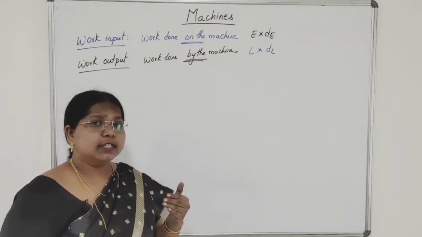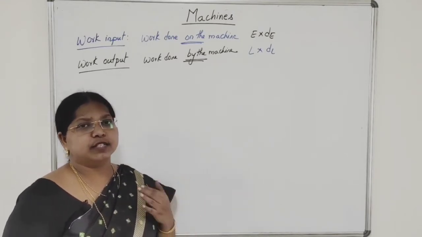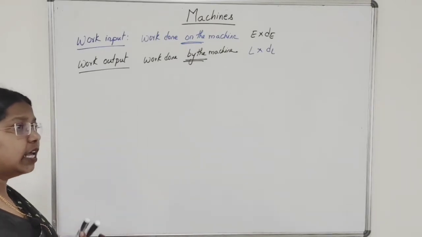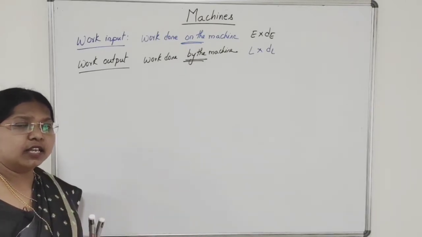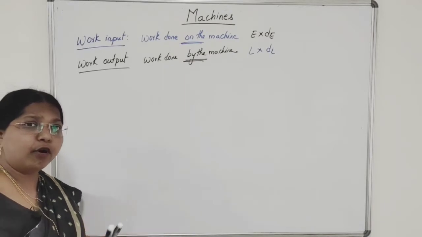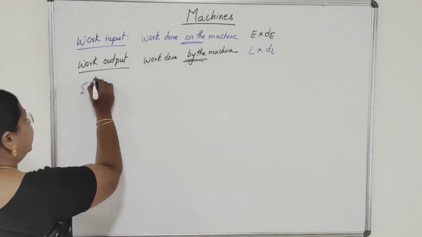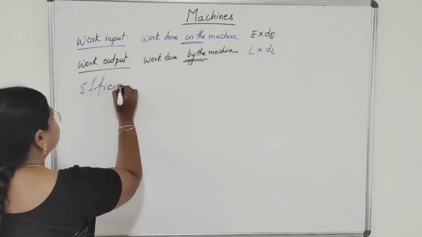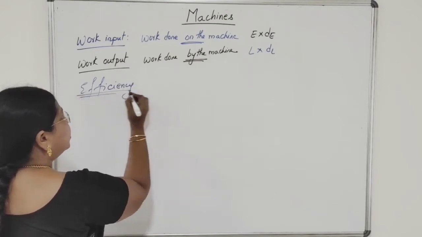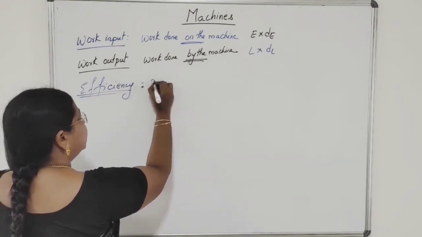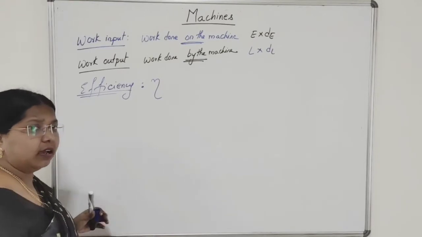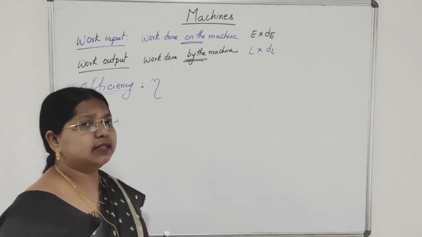Next one is efficiency. Efficiency means how efficient the machine is, how much it can perform. Efficiency is denoted by the symbol eta.